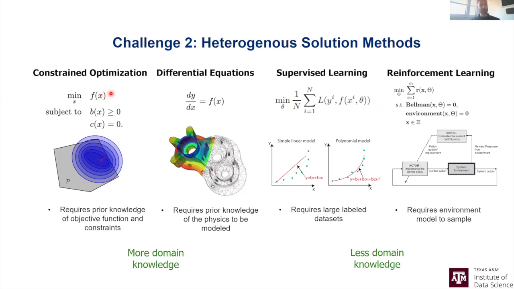This can be minimizing energy use in buildings while satisfying operational constraints and comfort constraints on temperatures, or this can be minimizing the cost of energy generation while satisfying the power system constraints. All of these methods are typically solved with some sort of constraint optimization solvers like interior point or active set methods.